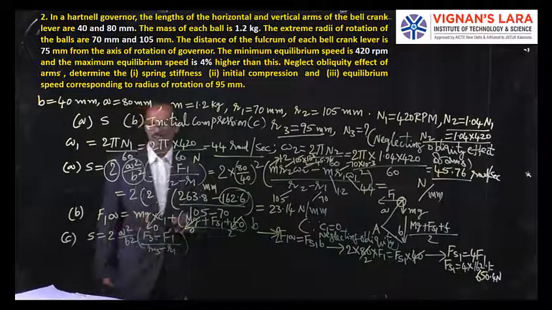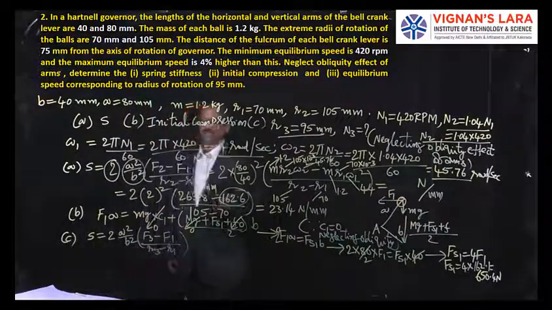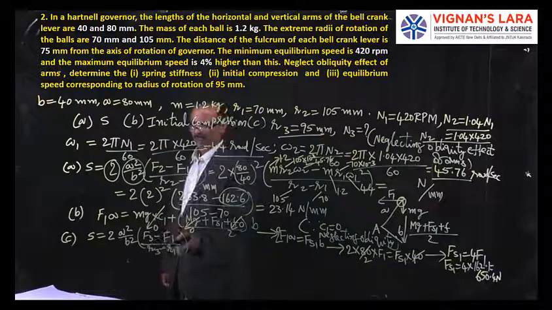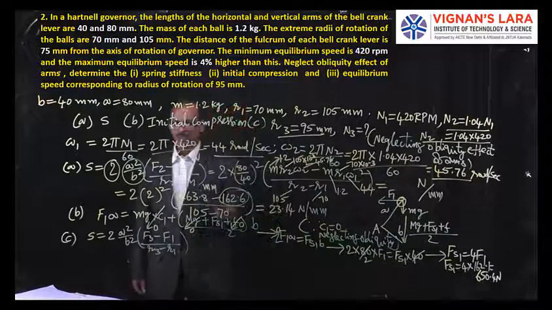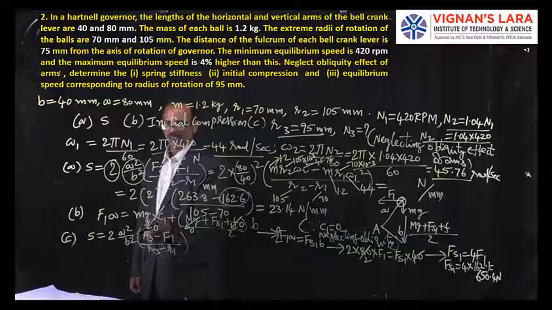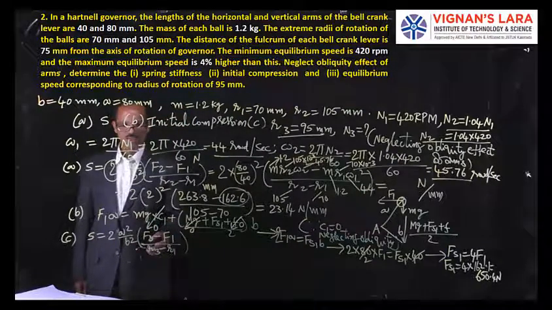Our previous derivation shows that this is F2 minus F1 by R2 minus R1, so it is valid for any speed, irrespective of lower and higher speeds. I have written the lower speed as F1 and the other speed as F3. So S is equal to 2a square by b square into F3 minus F1 by R3 minus R1.